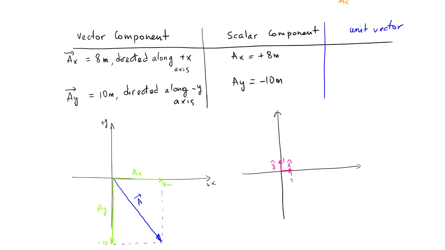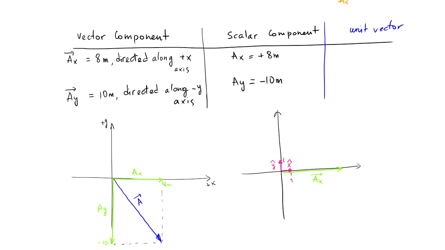Now with these unit vectors, you can represent any vector in terms of unit vectors. For example, let's say we want to draw our ax vector component. Here's our ax component. A vector component is the length of the vector multiplied by the unit vector.